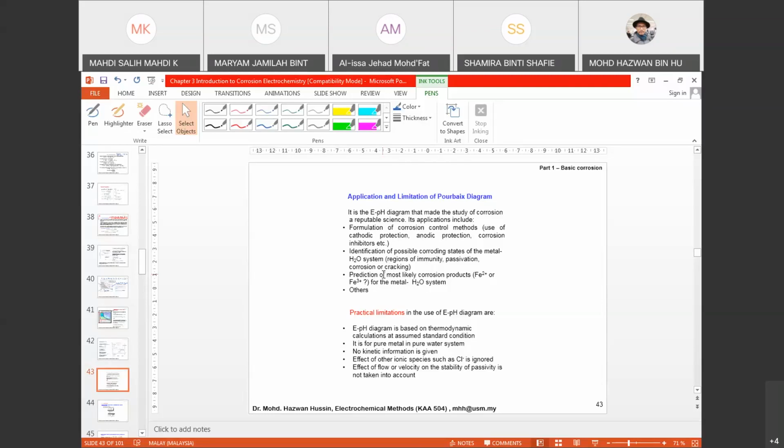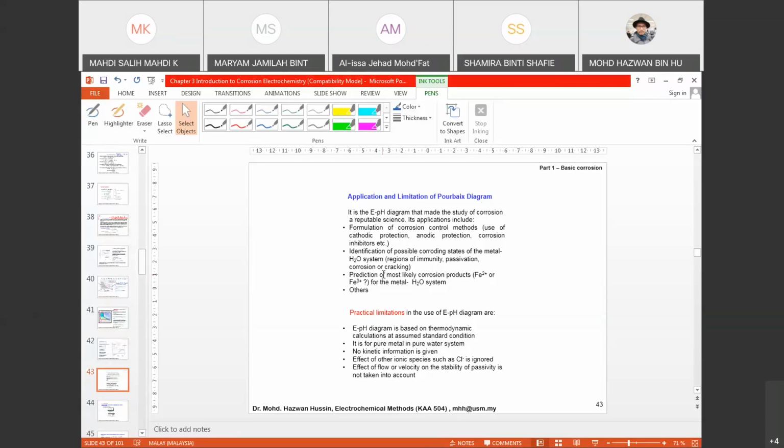And the other effects will not be taken into consideration if actually you want to know the effect of anions like chloride ions. It cannot tell you because everything is done at one specific condition. If you do it with water, then it's just water, not with the effect of chloride. Then if you want to study different chloride concentrations, then of course it will have a different Pourbaix diagram as well.